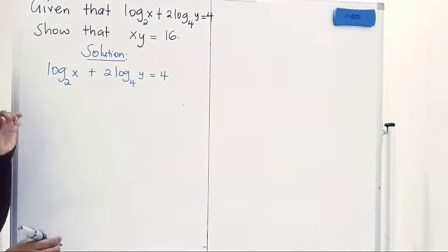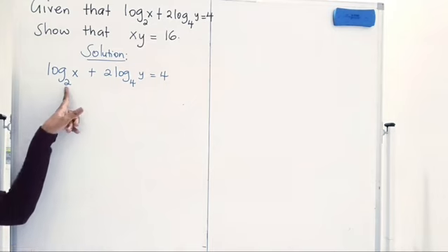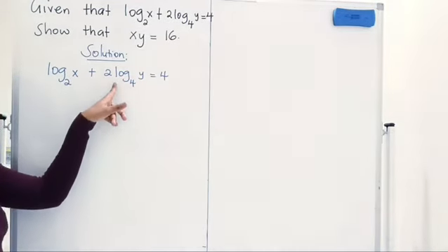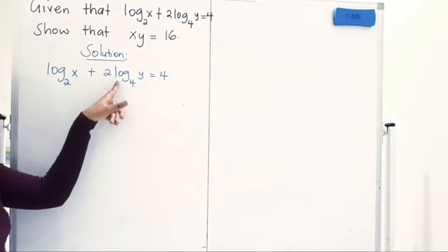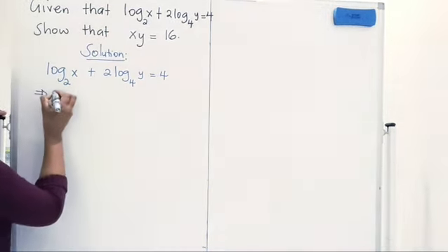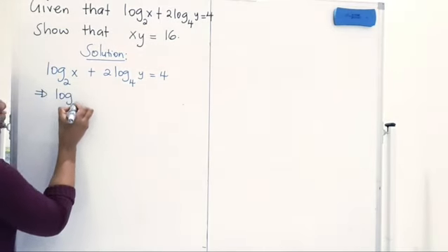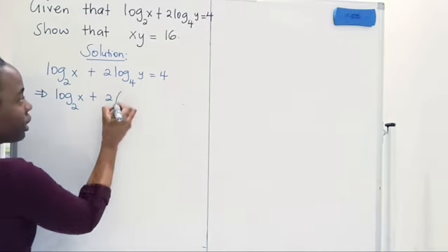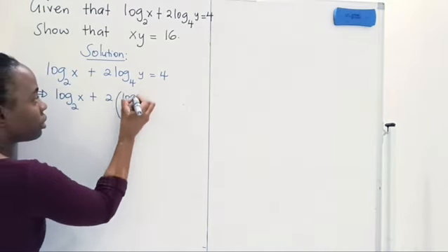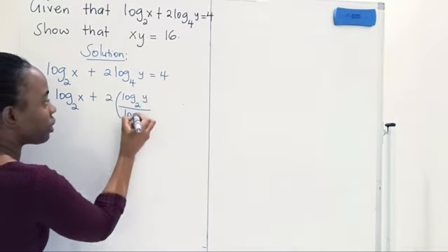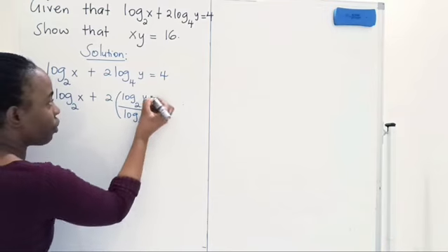Now we are going to look at this base here, base 2, and we are going to introduce a new base on this second log, and we rewrite it using base 2, okay? So this is going to be log 2 of x plus 2 into log 2 of y divided by log 2 of 4, okay?